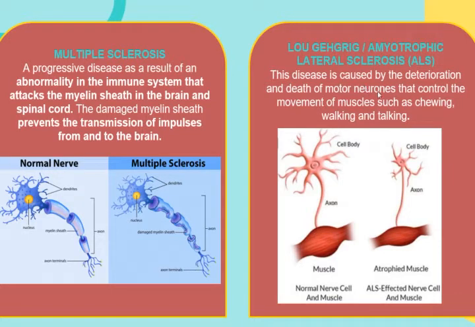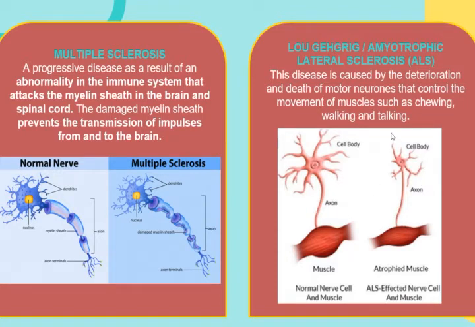This disease is caused by the deterioration and death of motor neurons that control the movement of muscles, such as chewing, walking, and talking. What happens to this person? It will disrupt the movement of the muscles in chewing, in walking, and in talking, because of the death of the motor neurons.